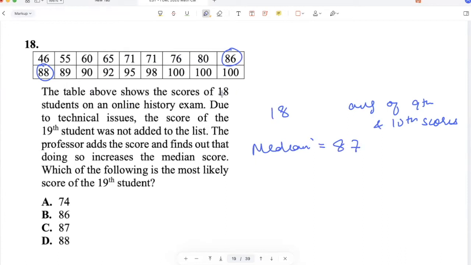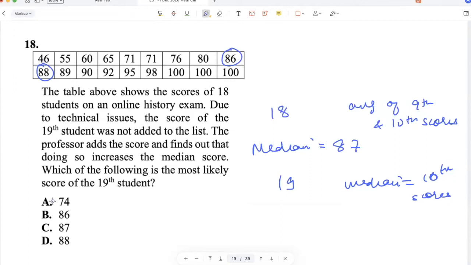Now, if he adds a new score, then the median would be, for 19 students, the 10th score.